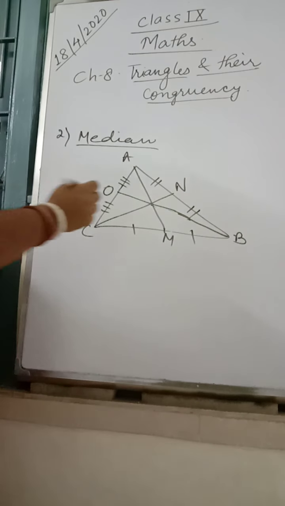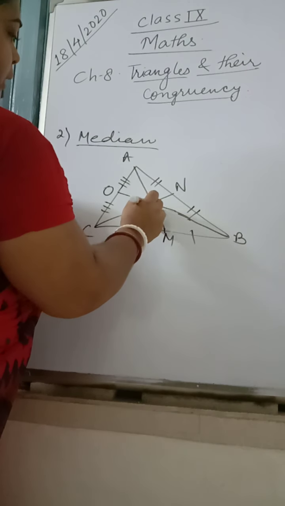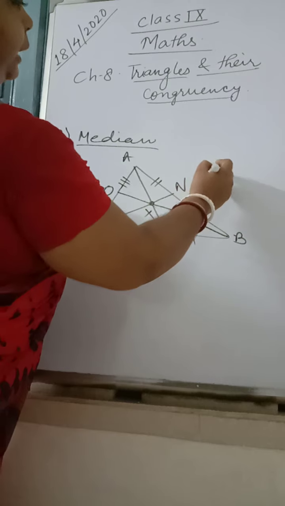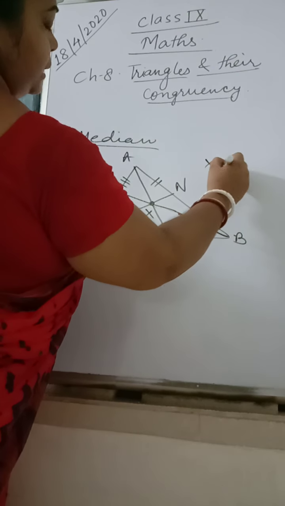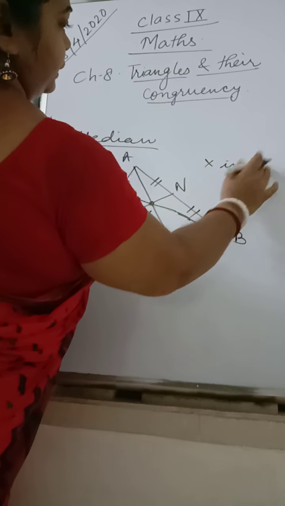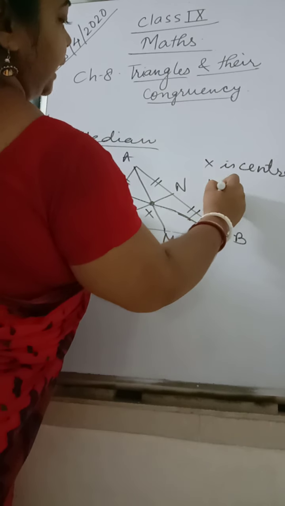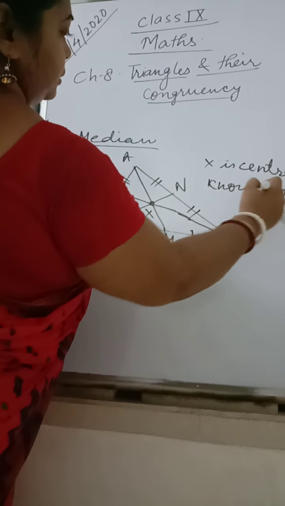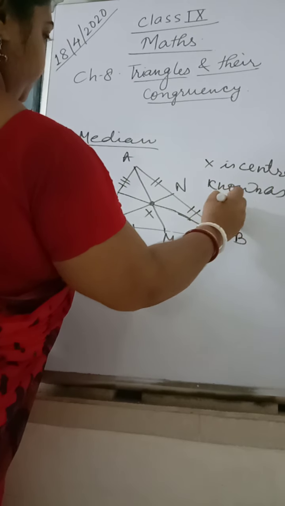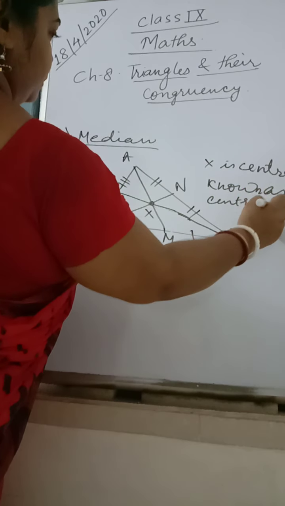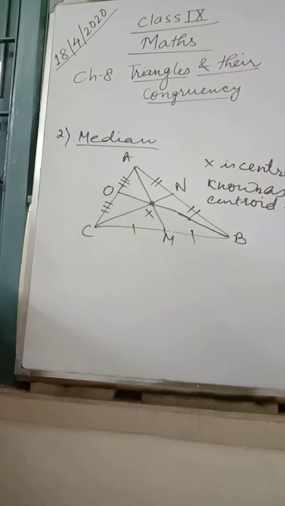Now this is the common point we have got. This common point X is known as the centroid. Here it is given that the centroid of a triangle divides every median in the ratio of 2:1.